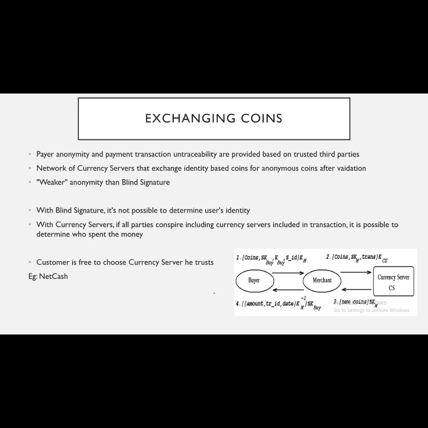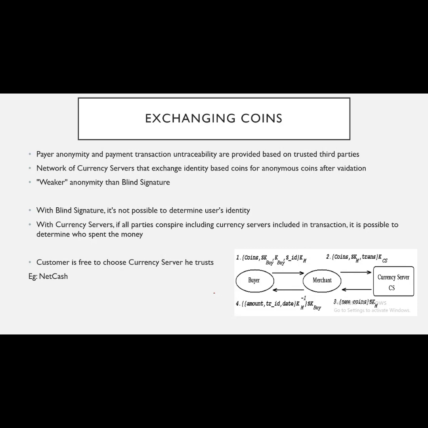However, in currency servers, if the currency servers conspire with the merchant and the other parties, then the identity of the user can be revealed. That is, if all the parties conspire, then we can detect who has spent the money.